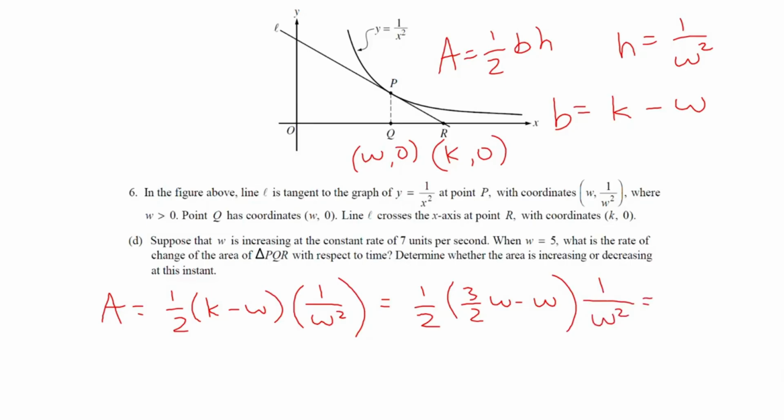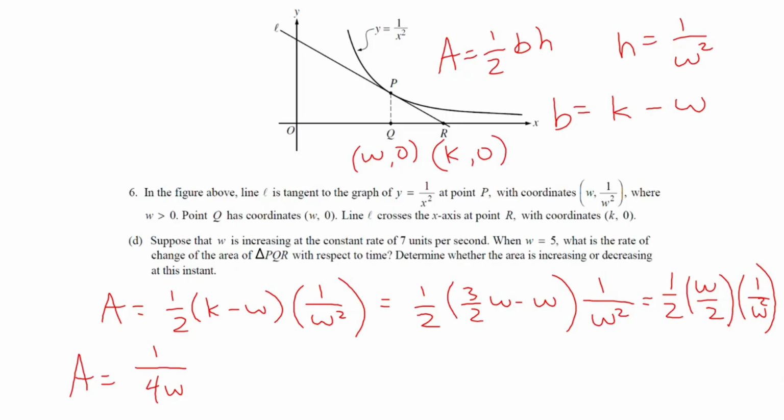Well, 3/2 of W minus W is just 1/2 W. So I've got 1/2, and then I've got 1/2 of W, and then I've got 1 over W squared. And so it looks like we're going to end up with 1 over 4W as our area.